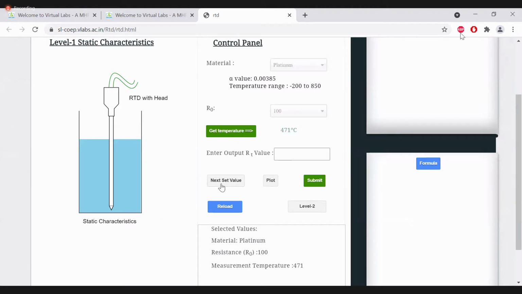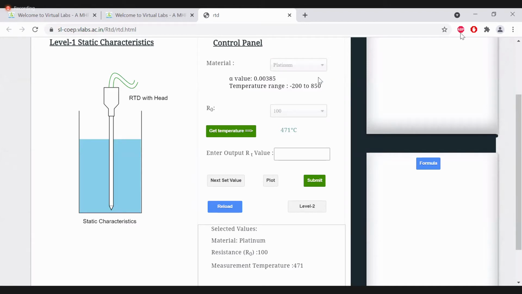This website is assigning 471 degrees Celsius to me. If you click on get temperature, you will get different temperature values. My temperature value here is different from your website value. Randomly, it will give a temperature value. So what is the meaning of this experiment?